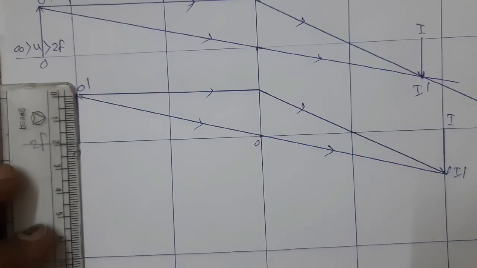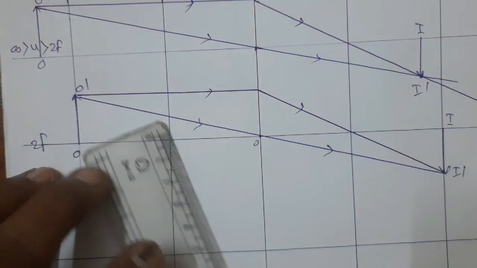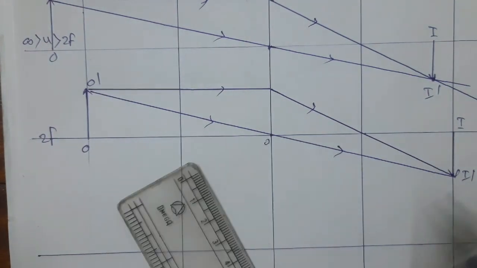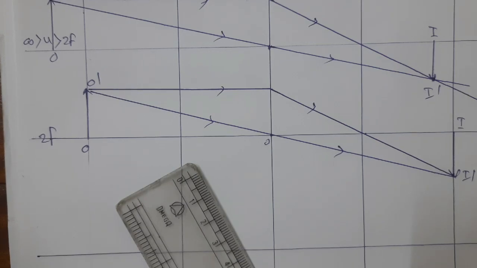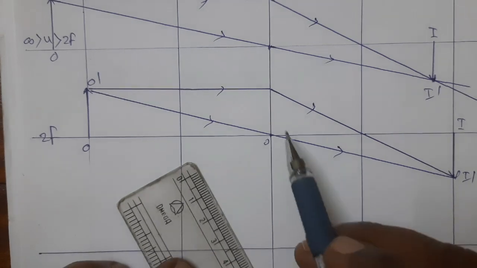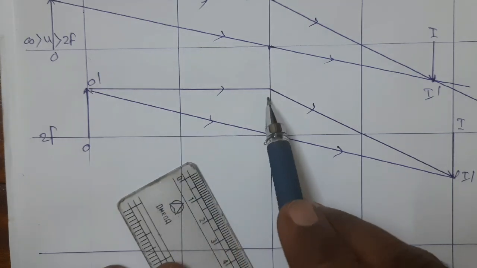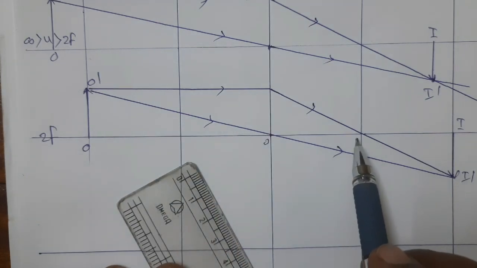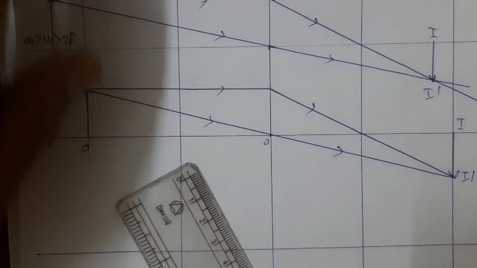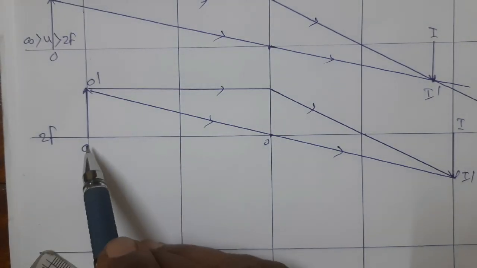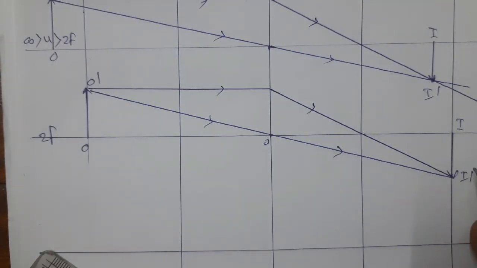Now in this case there may be a small difference, that means it may be 1.9 etc., but it is because of the error in the diagram. That means I may not consider the exact point O, I may not draw the exact parallel line, exact f, and so on. But the formula also says that if the object distance is minus 2f, then the image distance will be 2f.